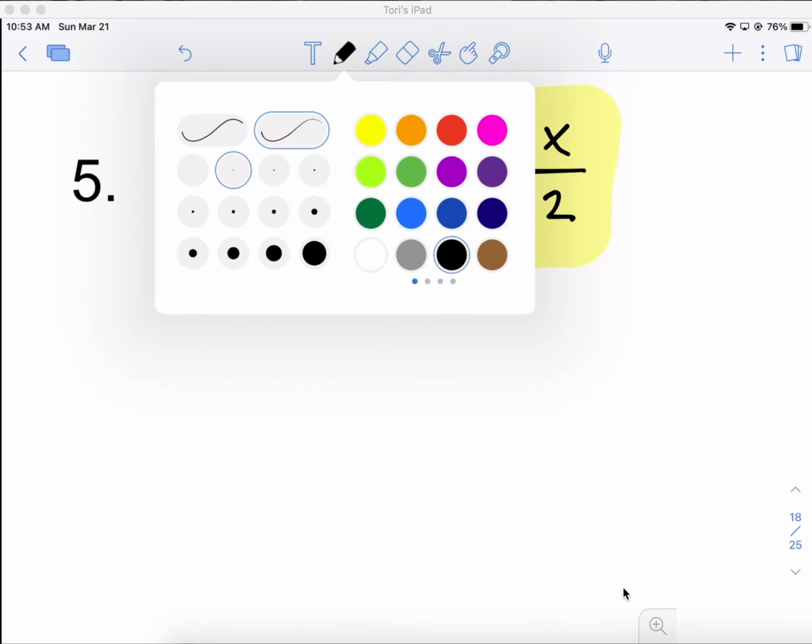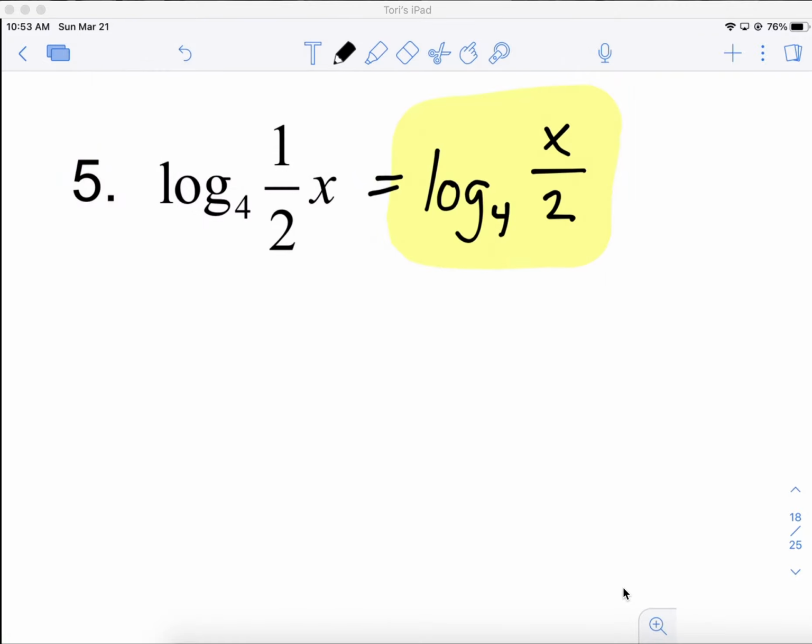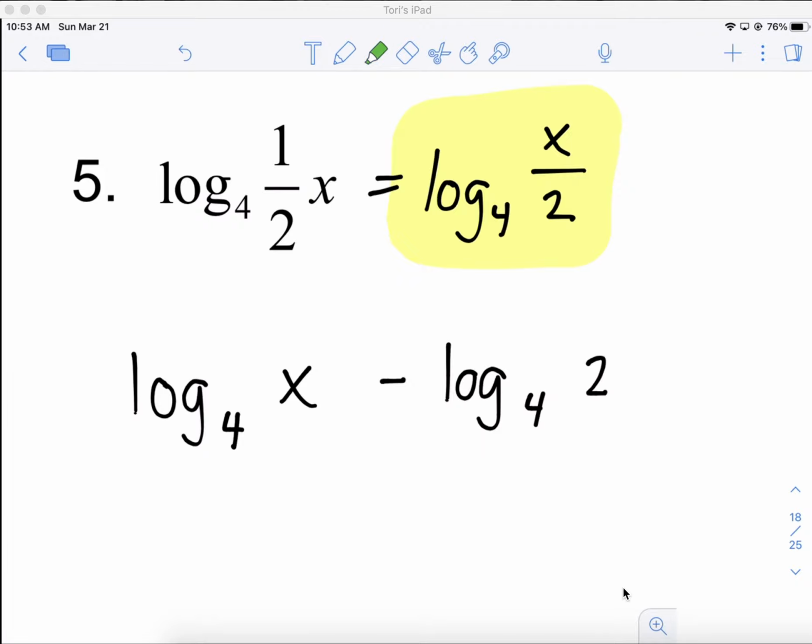Okay, so let me show you what I mean by that. So if I keep the base the same, I'm keeping the base 4 every time, then I can say I'm going to do log base 4 of x minus log base 4 of 2. So I'm taking the division that's over here and I'm separating that into the subtraction.